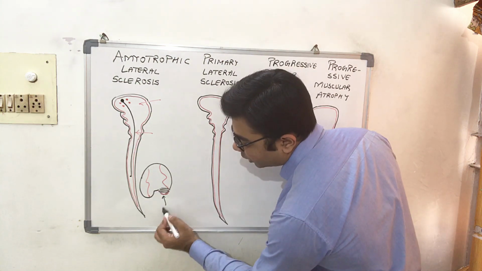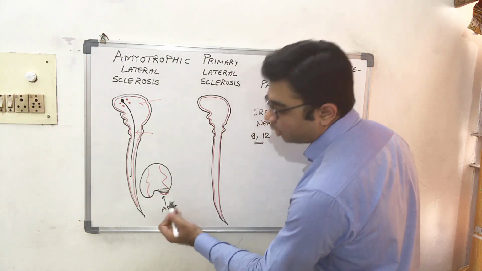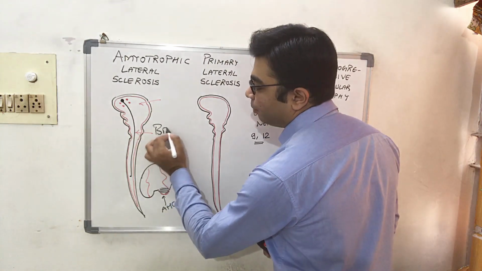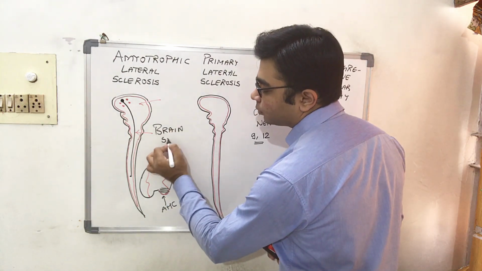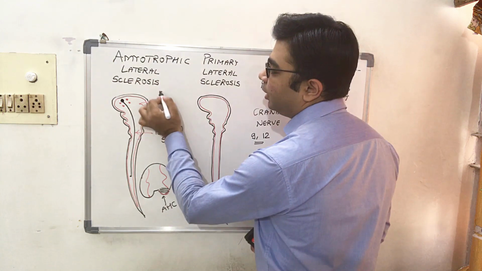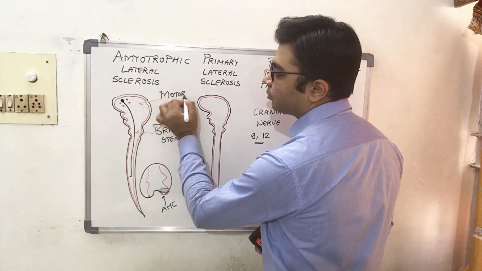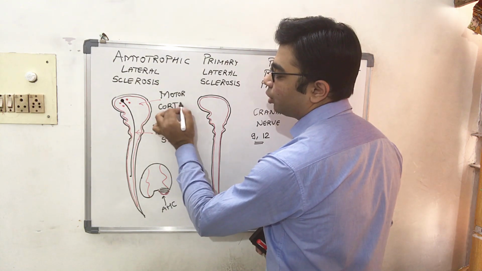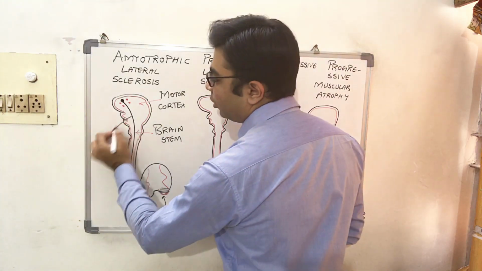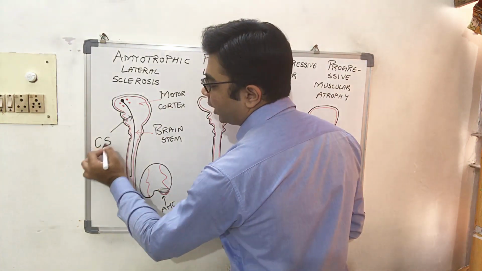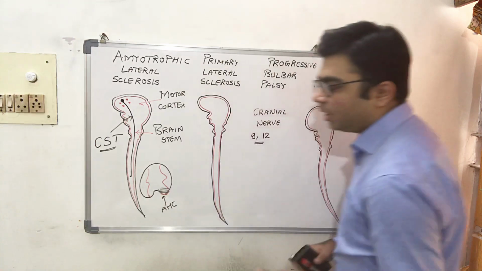Let me write it over here: the anterior horn cells of the spinal cord, then the brainstem, then the motor cortex, and the neurons of the corticospinal tract, commonly known as the pyramidal tract.